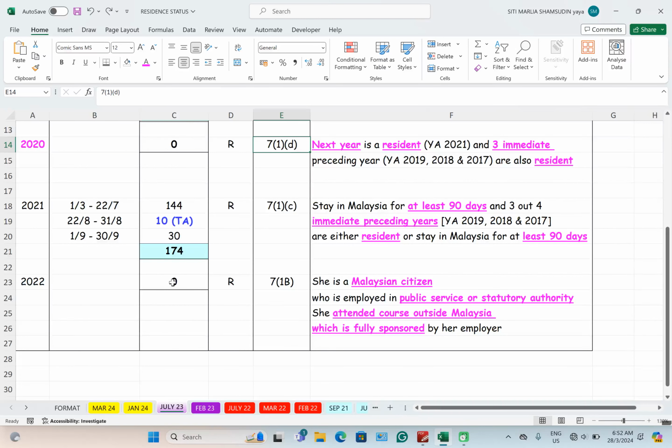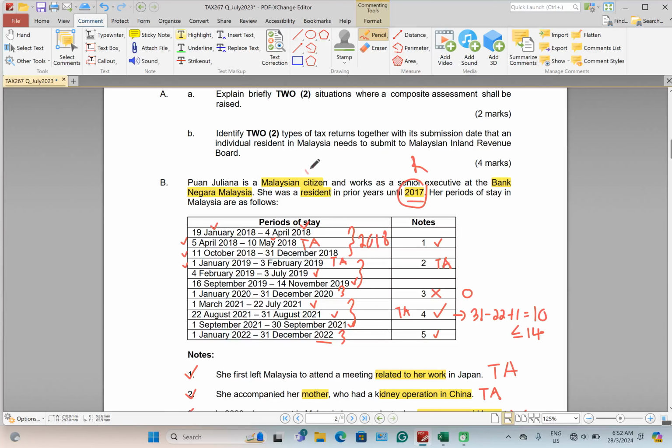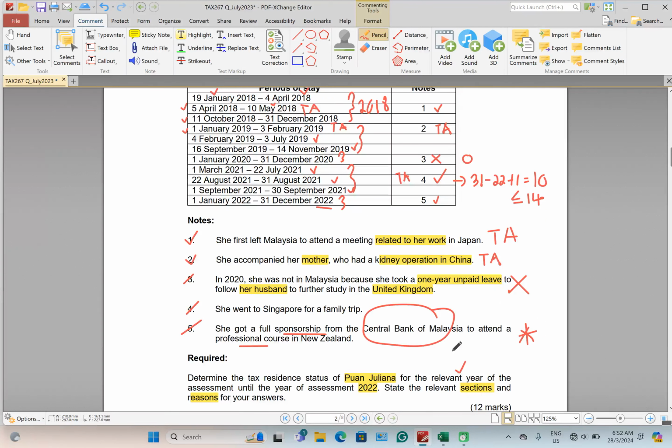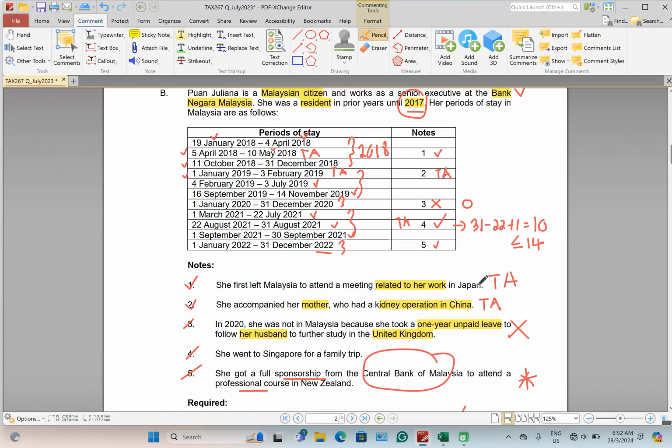Because very obvious, the answer is she qualified for section 7, subsection 1, capital B. Why I said she qualified? Because number 1, very obvious, she is a Malaysian citizen. Question mentioned here. Condition number 2, she is working for Bank Negara Malaysia or Central Bank of Malaysia.